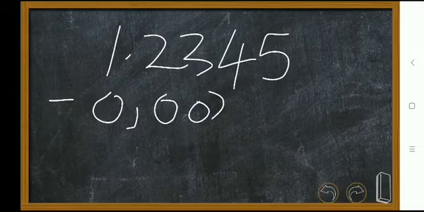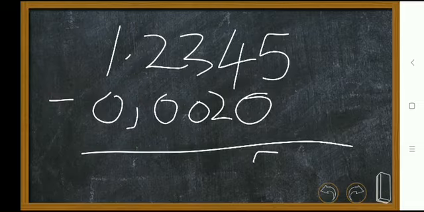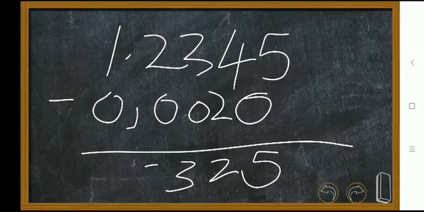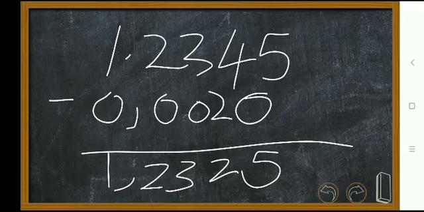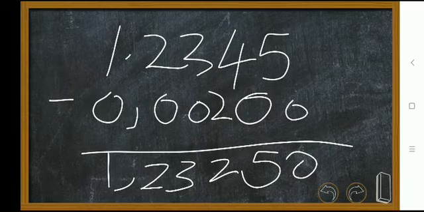Say 20. So this is what you'll get: 5, 2, 3, 2, 1. What we just did is subtract 20 pips or 200 points, because the 0 has no effect.